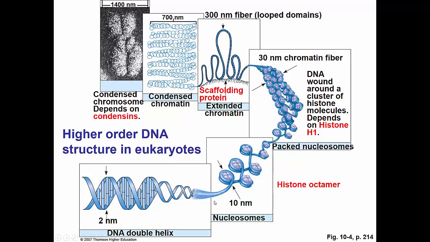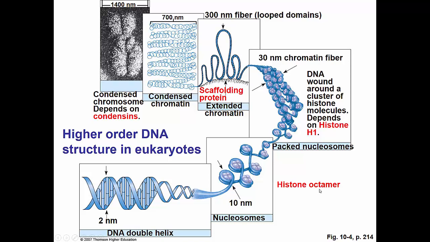So our first level of DNA compaction is the nucleosome. So the nucleosome is simply 2 loops of DNA, about 200 base pairs, spooled around a histone octamer. So here, the histones are globular proteins that can bind DNA.